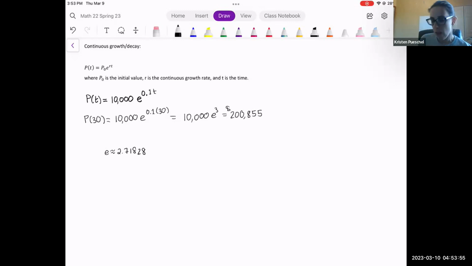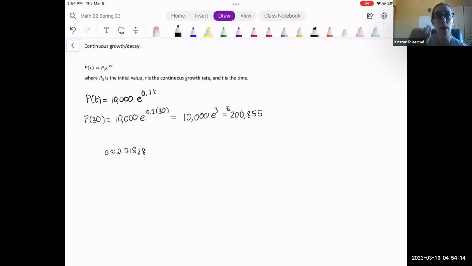Okay. So if we have this continuous compounding, in 30 years, our investment would have made this sort of upper bound amount of $200,855. Okay, cool.